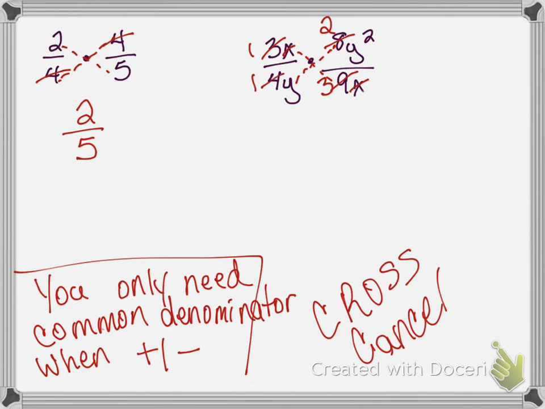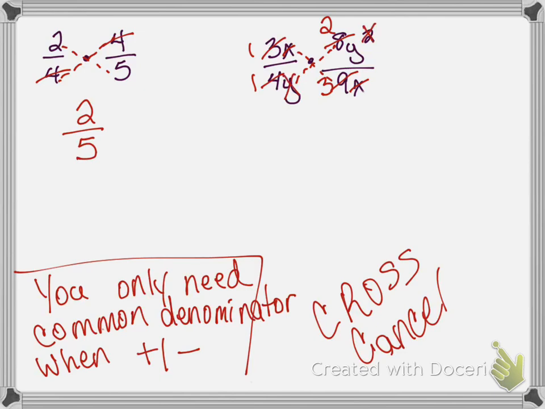Now, I have y squared in the numerator, and I have y in the denominator. My y in the denominator simplifies out. What am I left with in the numerator? Just y. So I mark out the 2.